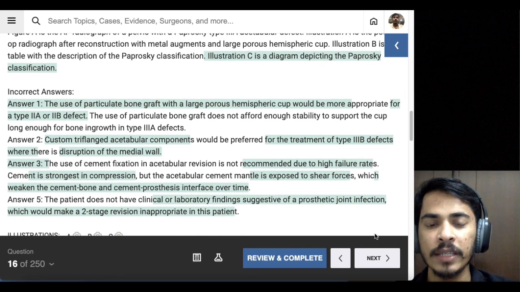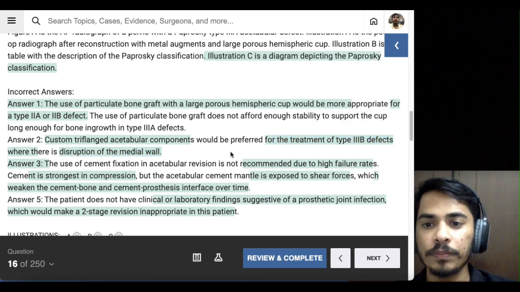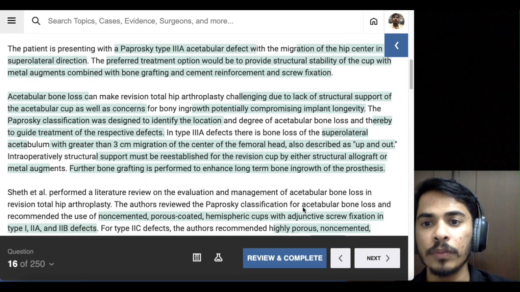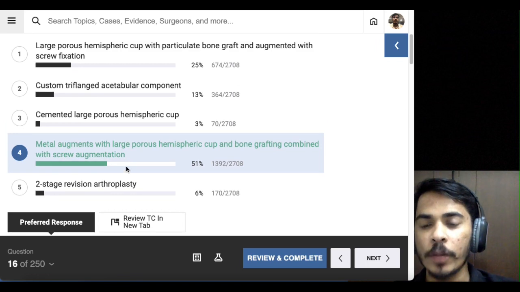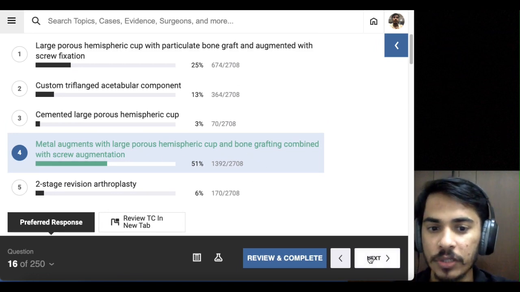You have to understand the Paprosky classification inside and out. Custom tri-flange acetabular components would be preferred for the treatment of type 3B defects where there is a disruption of the medial wall. So for supralateral migration, we have to go for metal augments with a large porous coated hemispheric cup and bone grafting combined with screw fixation.